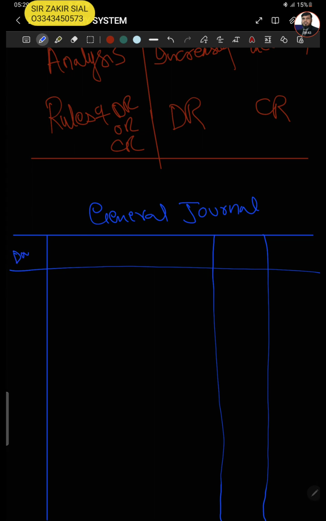Here we write date, here details of the transactions, here debit record and credit record.